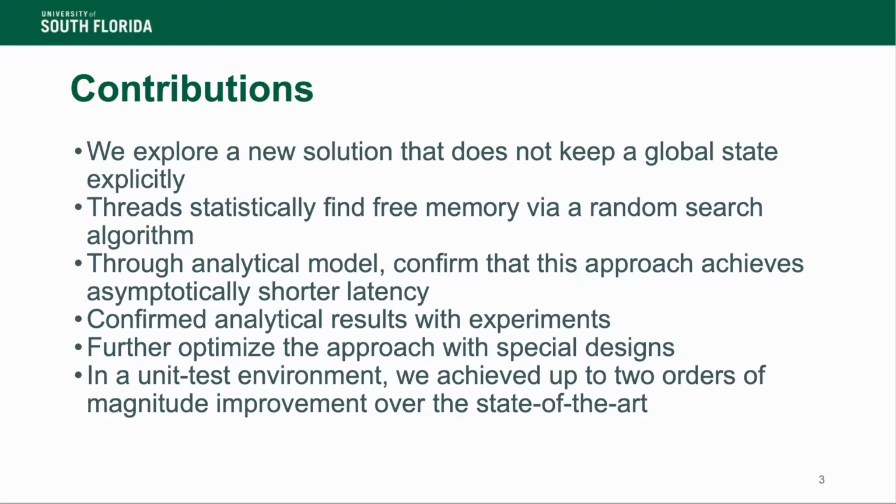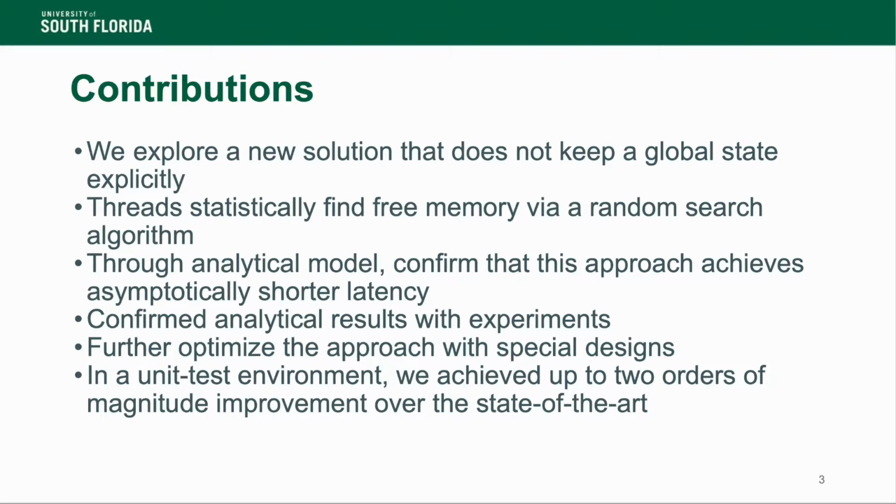In this paper, we present a high-performance memory allocation framework for GPUs. Unlike traditional wisdom that involves global states, this is a fundamentally new solution that carries very little overhead in allocating memory and is almost free for releasing memory.